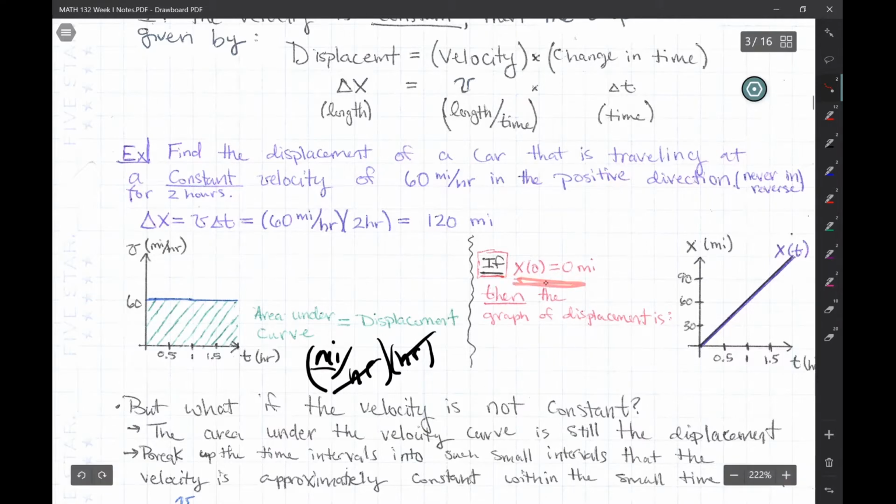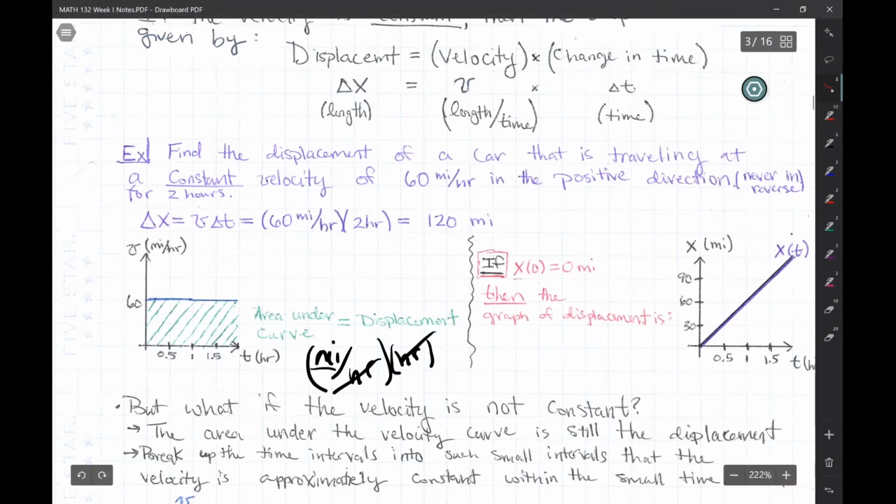So if you start at the 0 position, then the graph of displacement will look like this, okay? So it increases linearly with time, all right? And notice something here, that the derivative of this position function is equal to 60, which is the velocity function, okay?